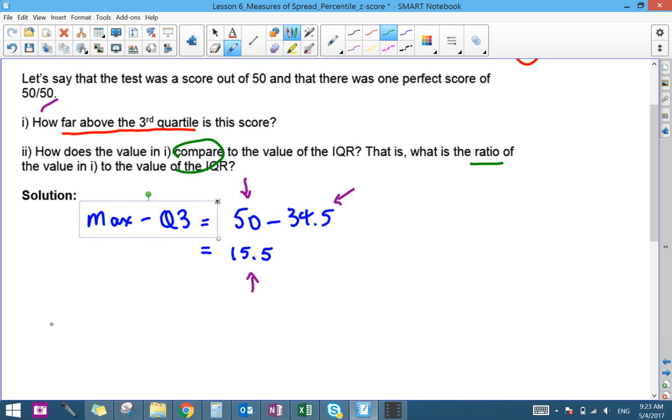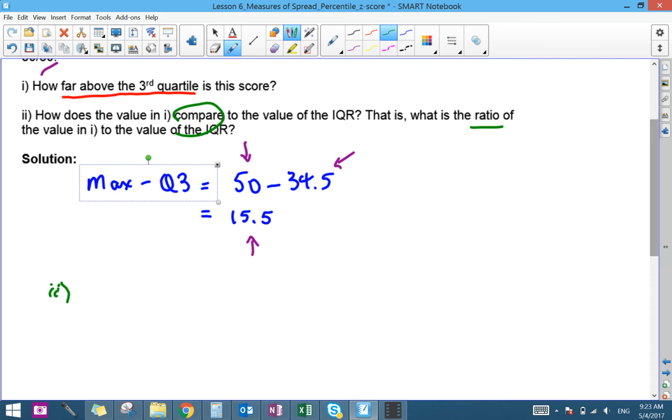So under part 2, if you do hear a lot of scratching or pen tapping in the background, that's the stylus on the screen. It's an unfortunate byproduct of using a stylus in this form of tablet. So let's get a ratio. We are now going to compare the difference we've calculated to the IQR.